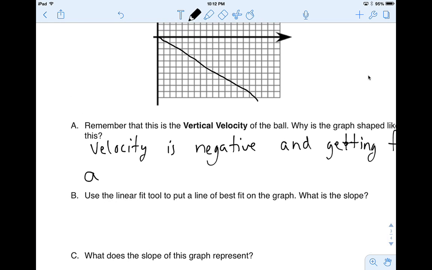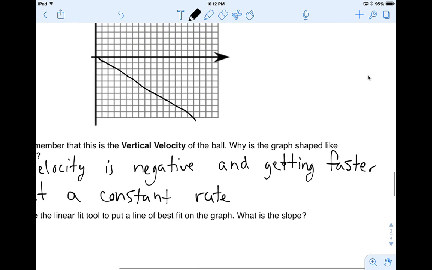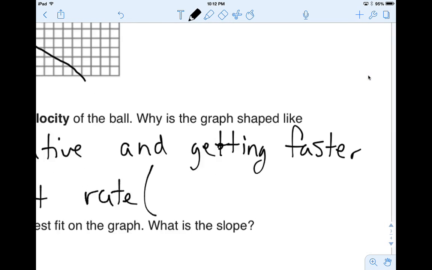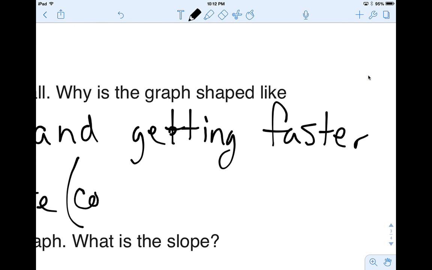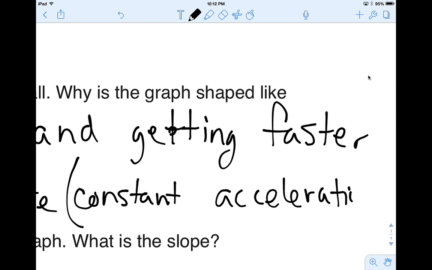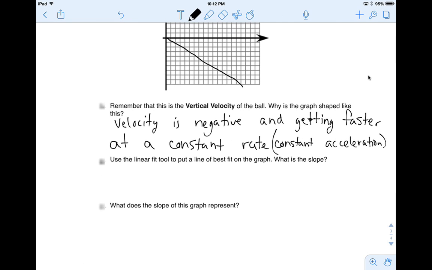It's getting faster at a constant rate. So it's getting faster at a constant rate, and that means that I have constant acceleration. Getting faster at a constant rate, and that's constant acceleration.